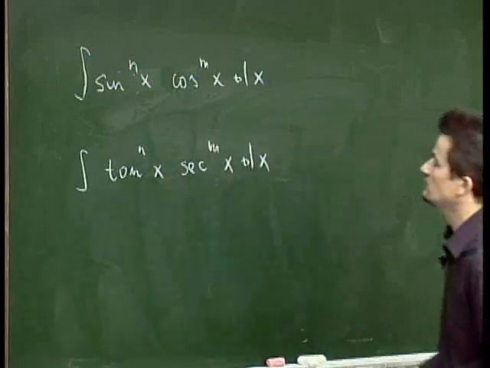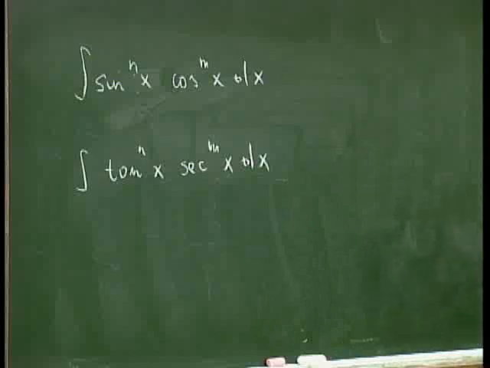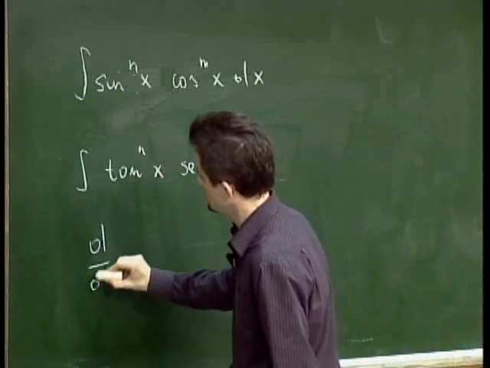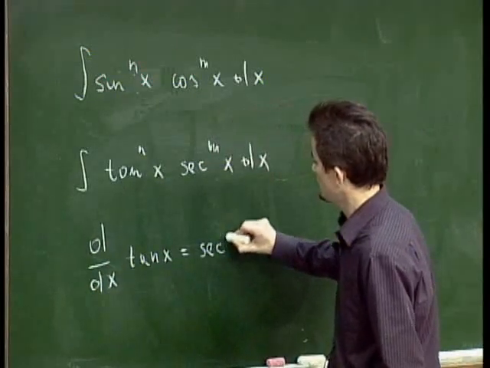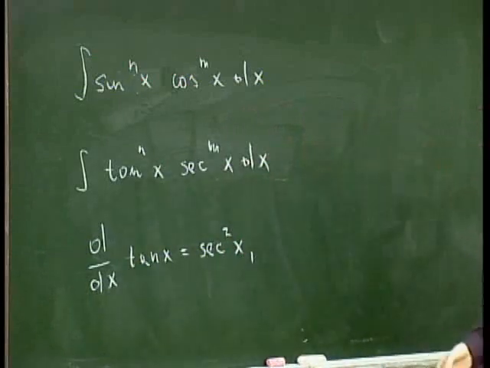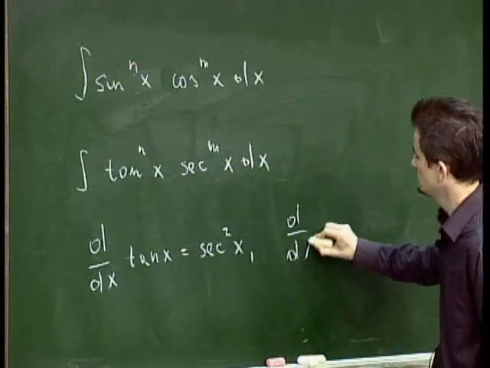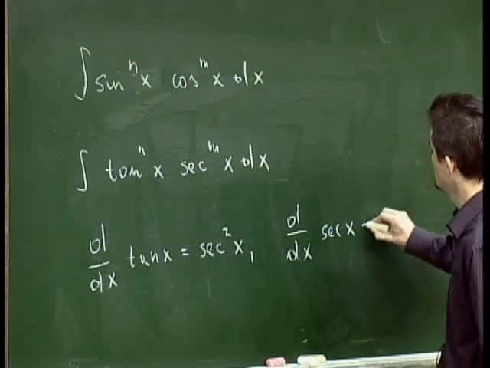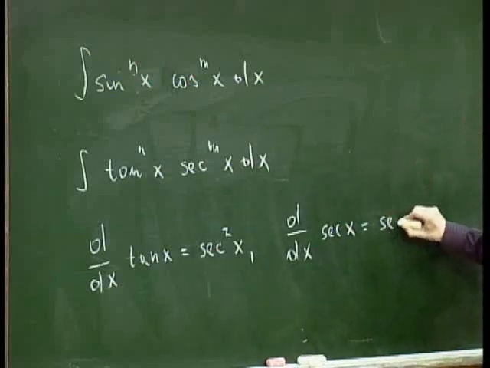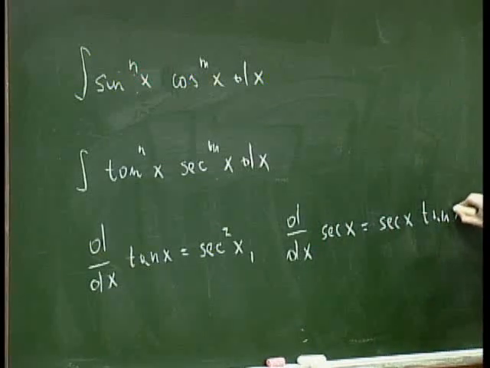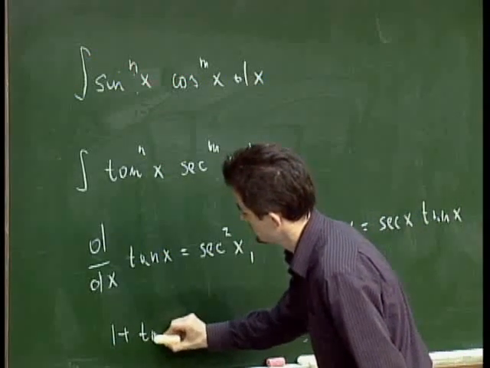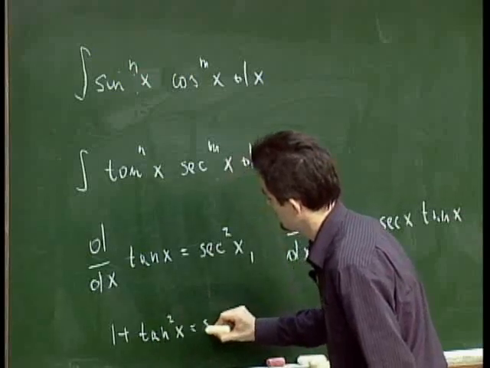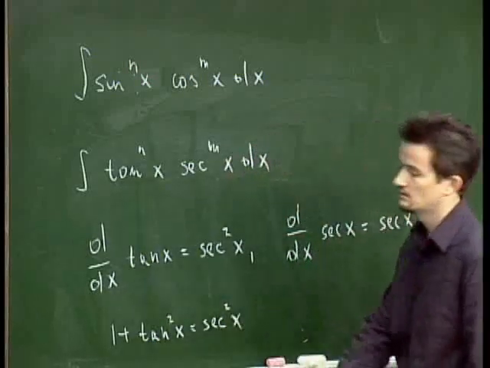This is handled similarly, because we know that the derivative of the tangent is the secant square, the derivative of the secant is secant times tangent, and we know that secant and tangent are related by 1 plus the tangent square of x is equal to the secant square of x.